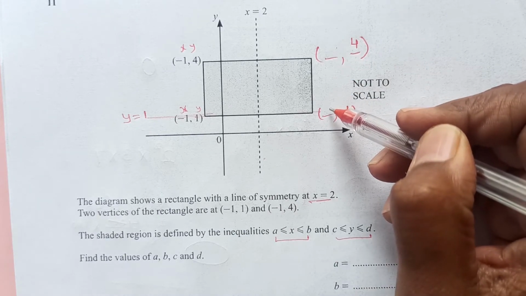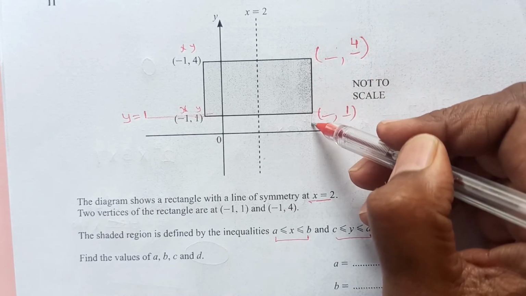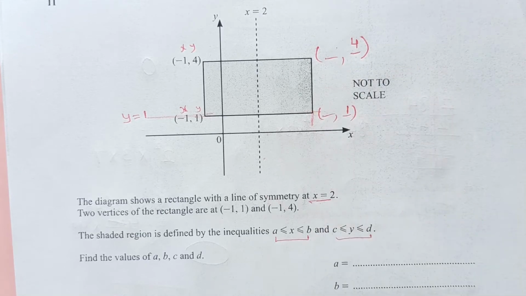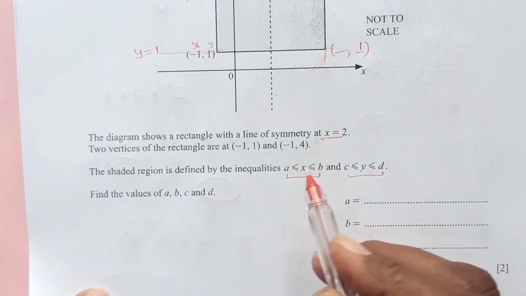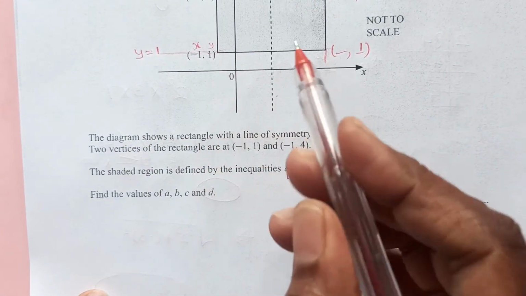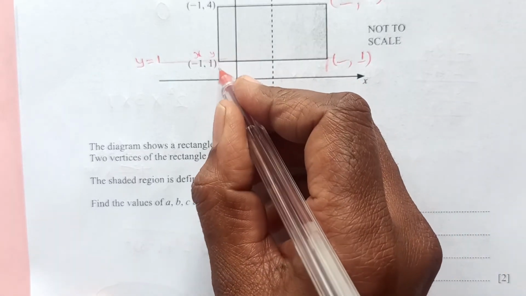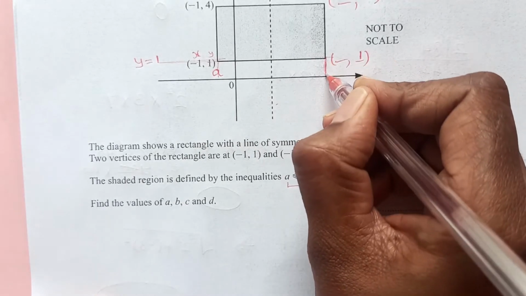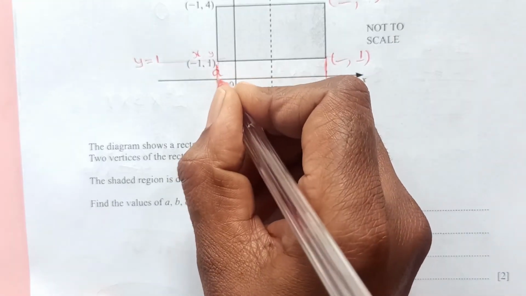Okay, so for that, these are coordinates of x. So what will be x here? First of all, we will see that the value of x lies between a and b. So this is a here and this point is b, right? Let me write it down.